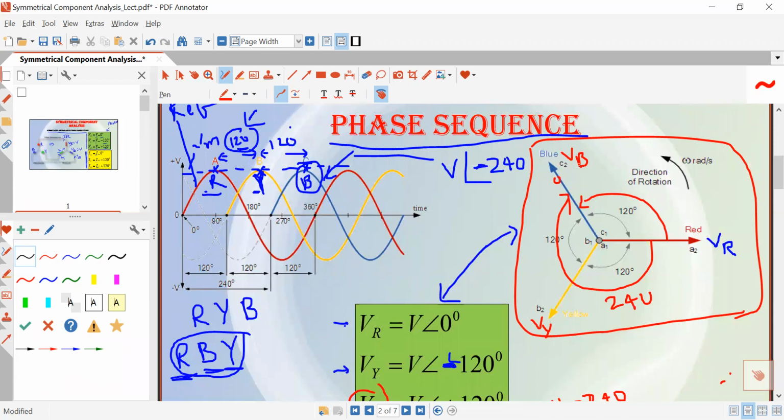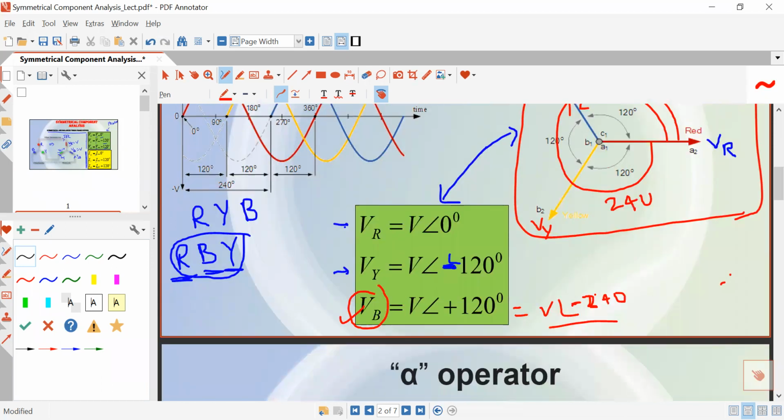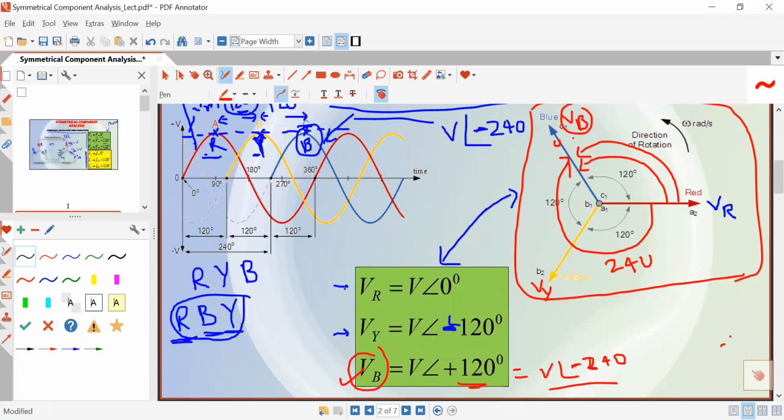But if you measure the same vector in anti-clockwise direction, then you will get only 120 degrees. So that is why this is 120 also. So you do not confuse. From the reference, you can consider this vector either in clockwise or in anti-clockwise direction.